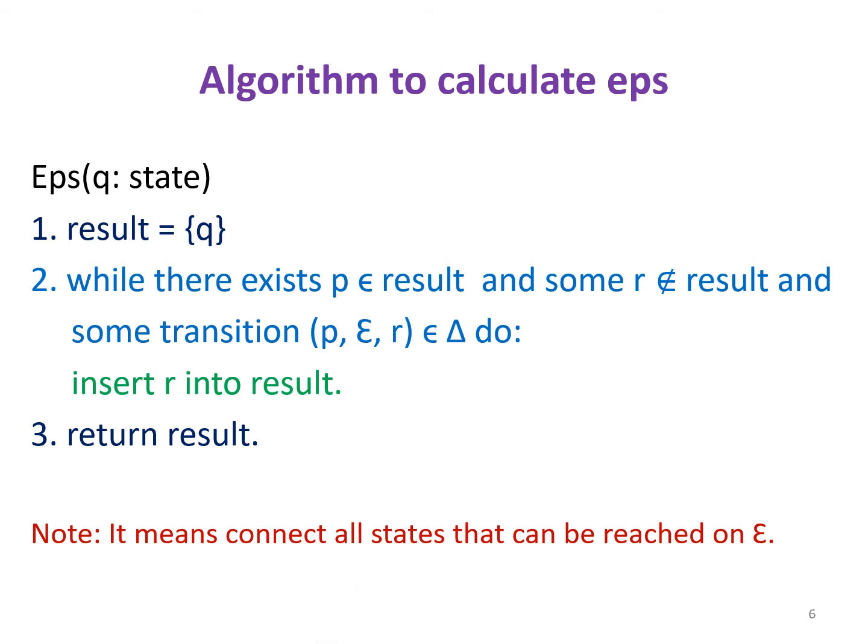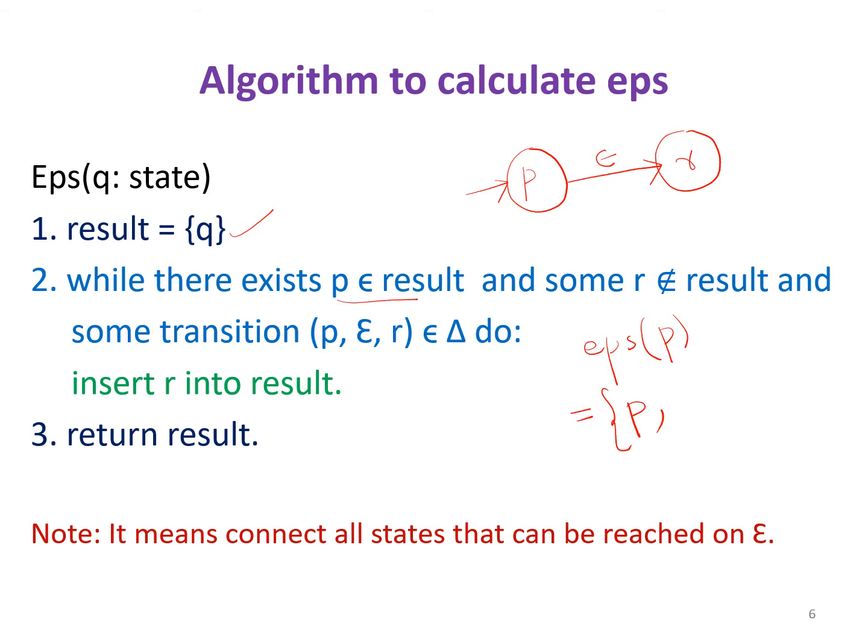For example, I have p and a transition from p to r with epsilon. If I want to find the EPS of p, initially by default p is in the result.